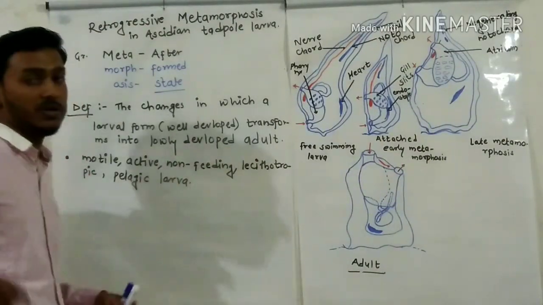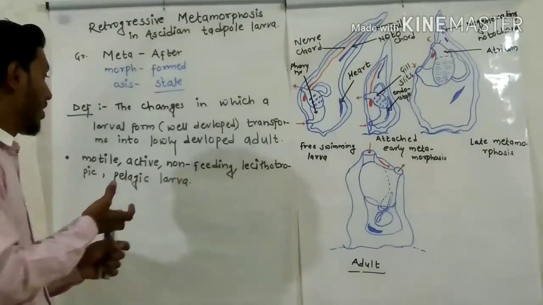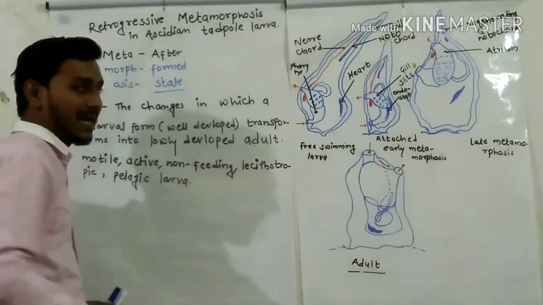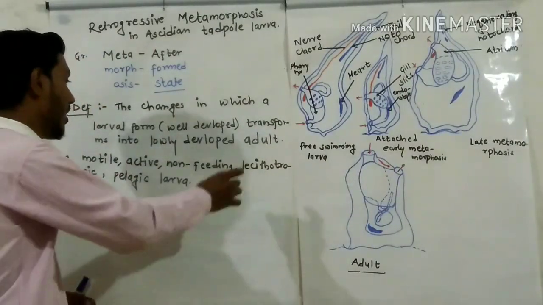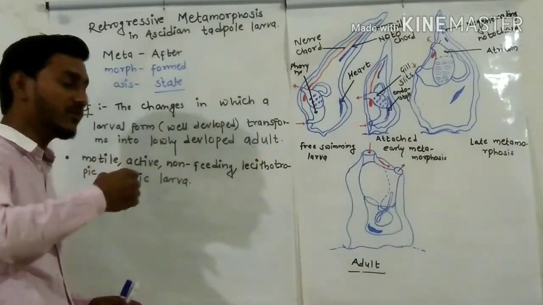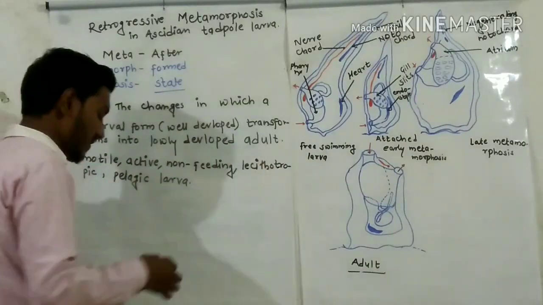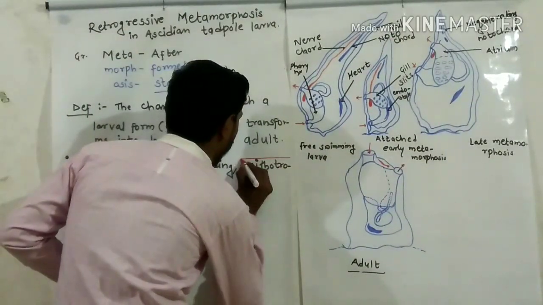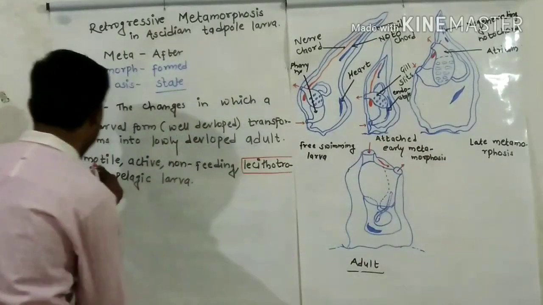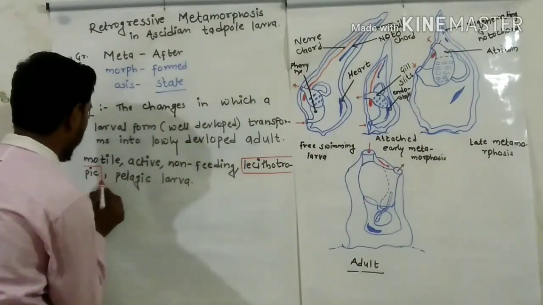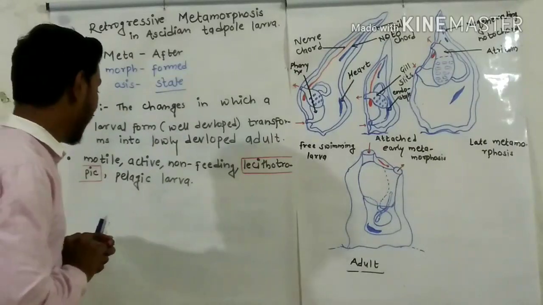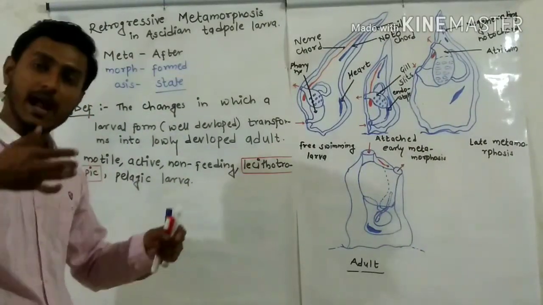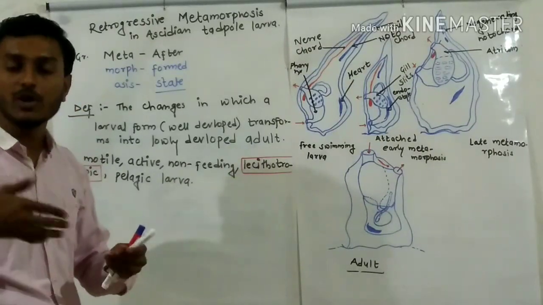It is non-feeding, so it has to draw nutrition from somewhere, and it derives it from its yolk reserve. Hence this term is lecithotropic. Remember this term, it is the most important term.